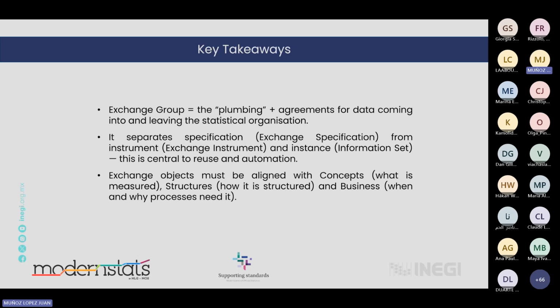This is what makes it so powerful for reusability and automation. And finally, the objects in the exchange group must always be aligned with the concepts, how they are structured, and when we need it to be effective.